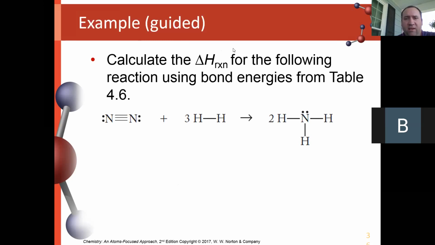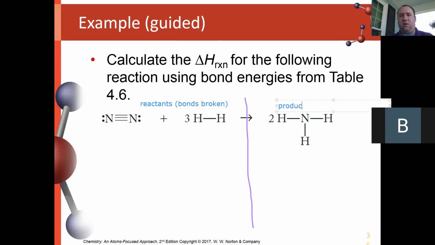So what I like to do in problems like this is I start drawing lines. Here are my reactants. These would be the bonds broken. And over here are my products. These are the bonds that form. And so I can start doing an accounting of what's there.